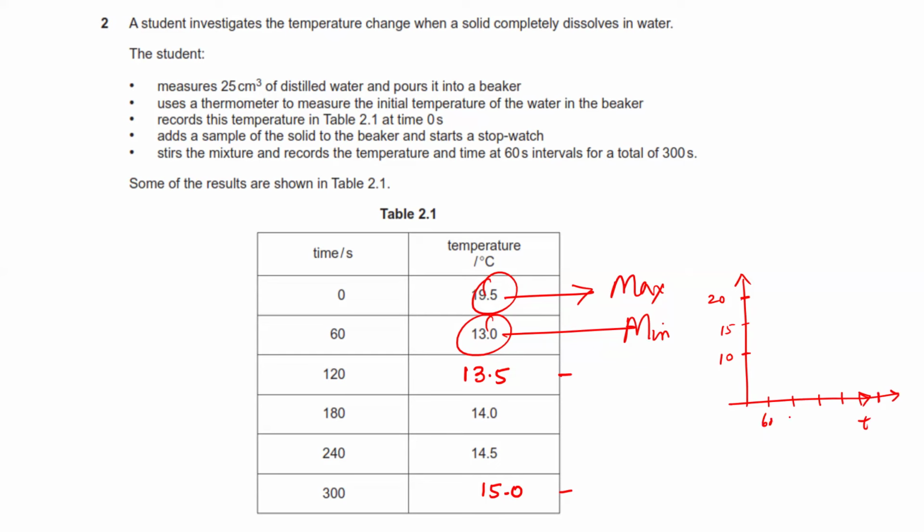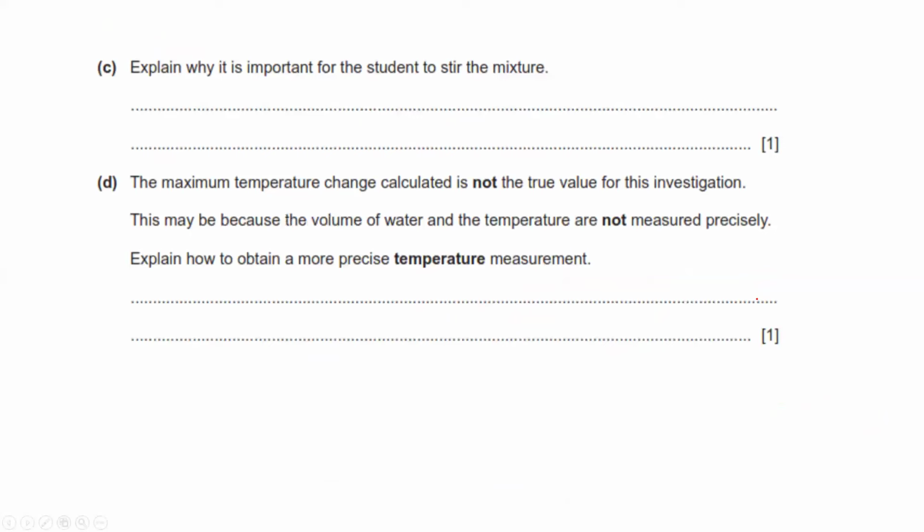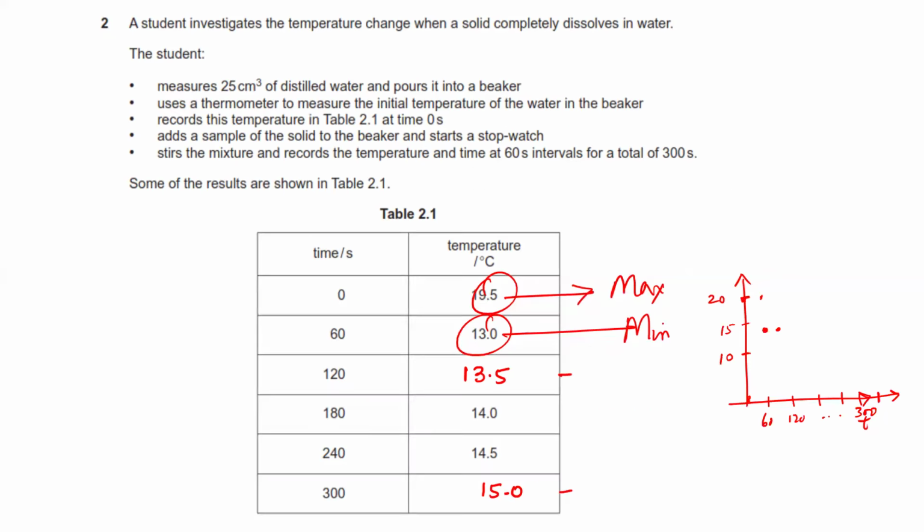So this is 60, 120, and so on. This is 300 seconds. So temperature initially falls from somewhere here to a value, so initially at 0, the temperature is this, it falls to somewhere here at 60, then it goes something like this and comes like this.